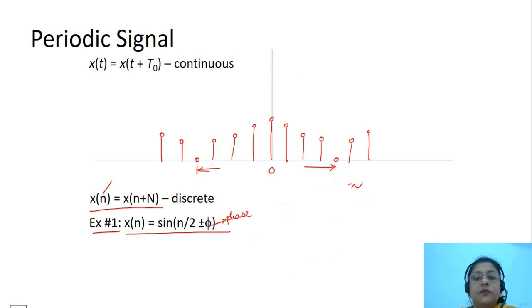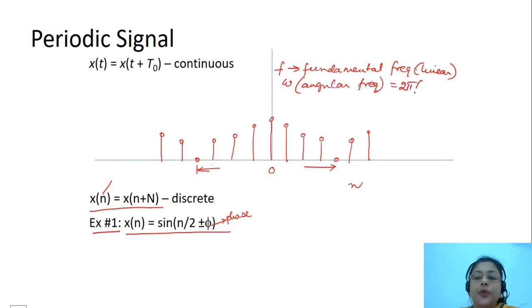One thing we must remember here, f is known as the fundamental frequency and this is the linear frequency. We also have another frequency omega, which is the angular frequency, and it is given as 2 pi f. Now T naught equal to 1 by f. So this is the relation.